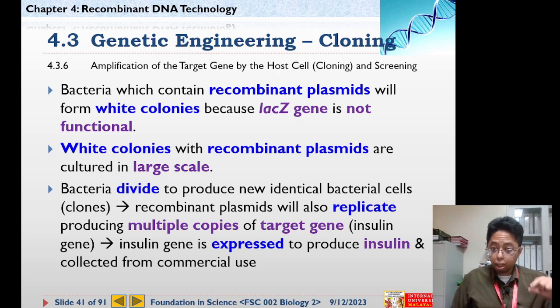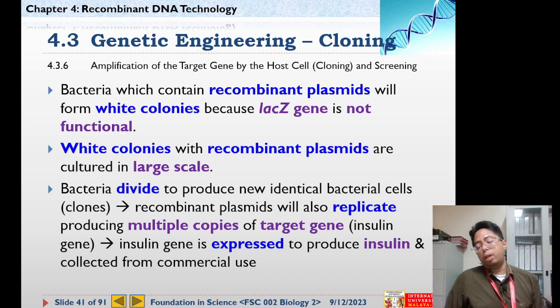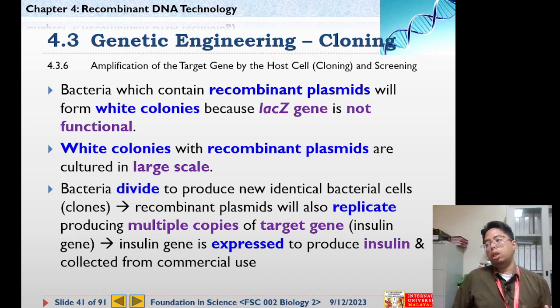We just select the white ones, not the blue ones, because white ones carry the recombinant gene and are also able to take in plasmids. So when we take them, they can divide very fast to produce new bacterial cells, and they can also express the gene to produce whatever we want, for example, insulin.